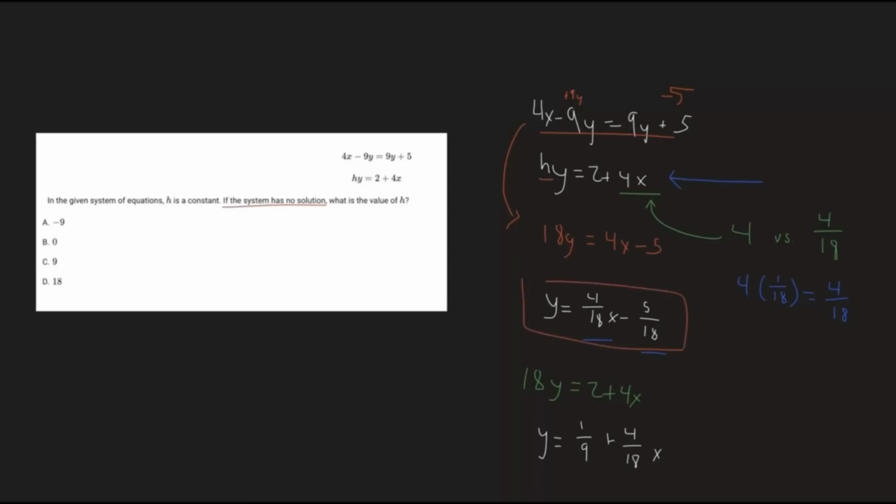We have this equation and this equation. We can clearly see that they have the same slope of 4 over 18, right? But they have different y-intercepts as we wanted before. So this one has a y-intercept of negative 5 over 18. This one has a positive y-intercept of 1/9. This is messy. But because of that, we know the constant h is going to be the letter D, 18.